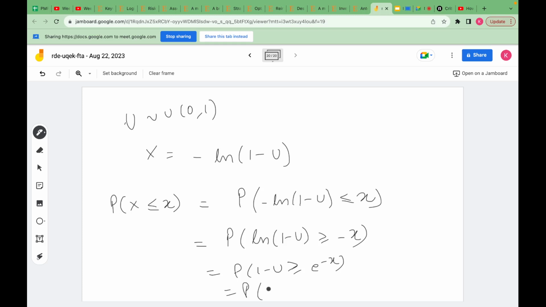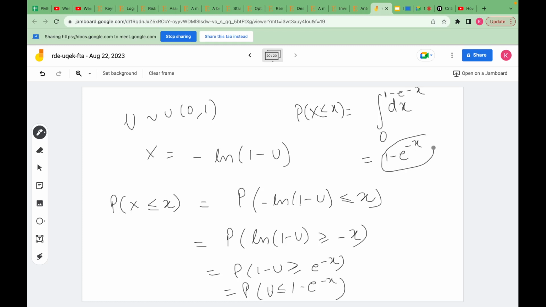Probability that u is less than or equal to 1 minus e to the power minus x, where u is uniformly distributed between 0 and 1. So we can write this probability as the integral dx from 0 to 1 minus e to the power minus x, which is nothing but 1 minus e to the power minus x.